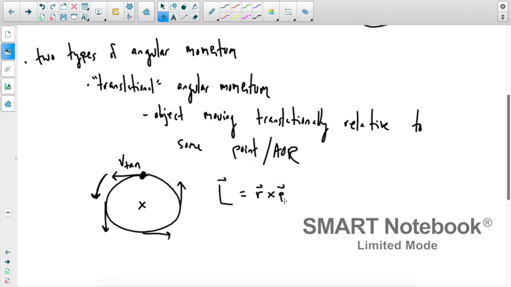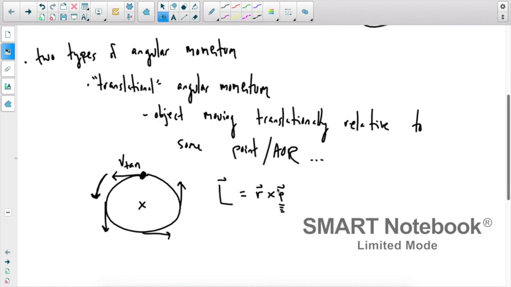So this just allows us to translate translational momentum into angular momentum, where this equation, you guys need to know, applies for this scenario: an object moving translationally relative to some point or some axis of rotation.